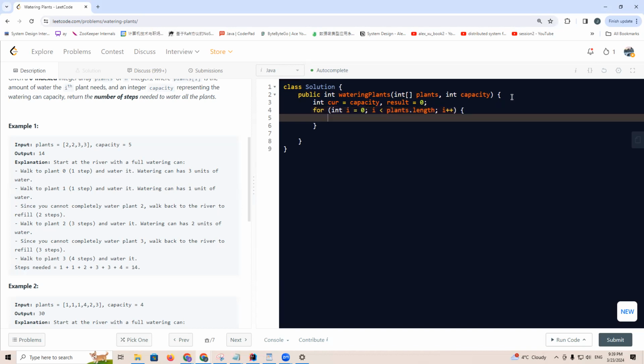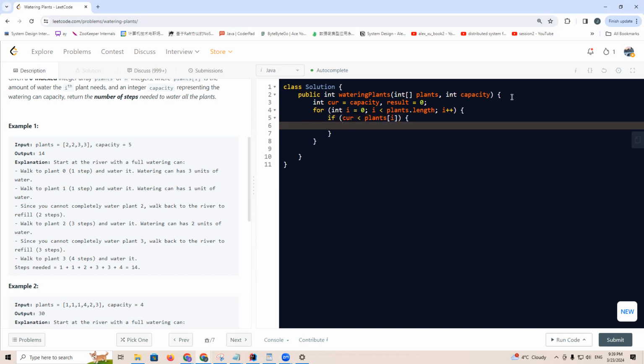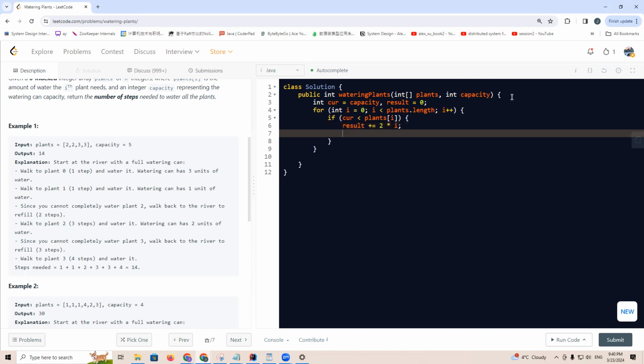We say if current is smaller than plants I, that means we need to refill the water, so result plus equals 2 multiplied by I, and current equals capacity.